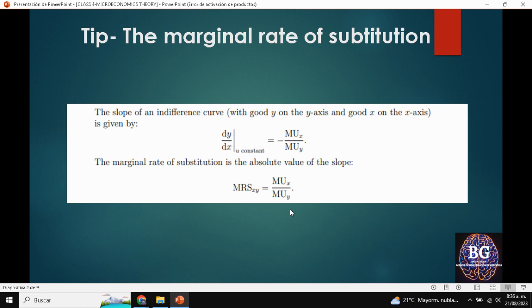As we keep adding units of X and reducing Y while keeping utility constant, consumers are willing to give up less and less of Y in return for a further unit of X.